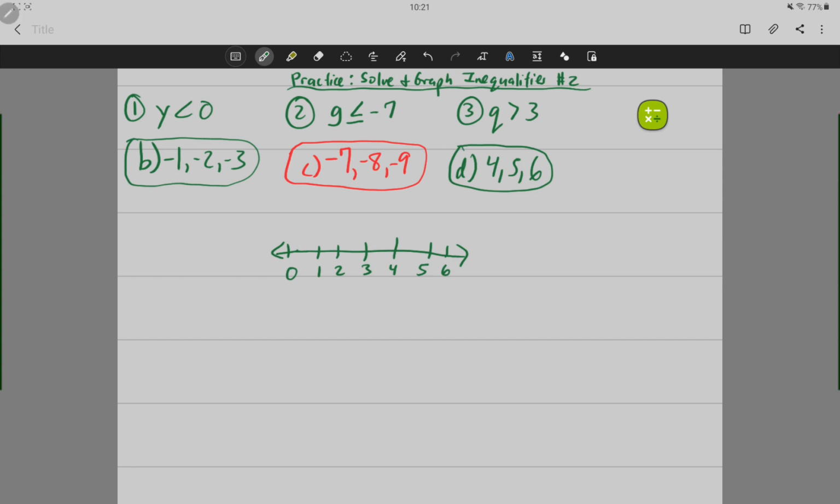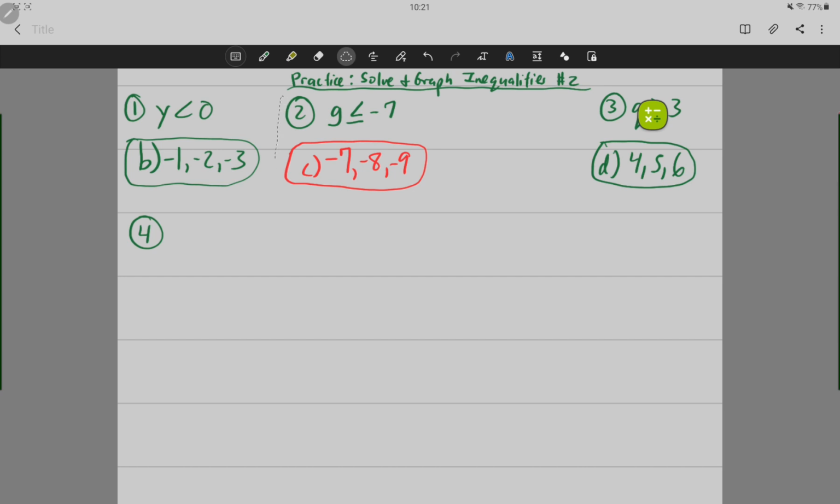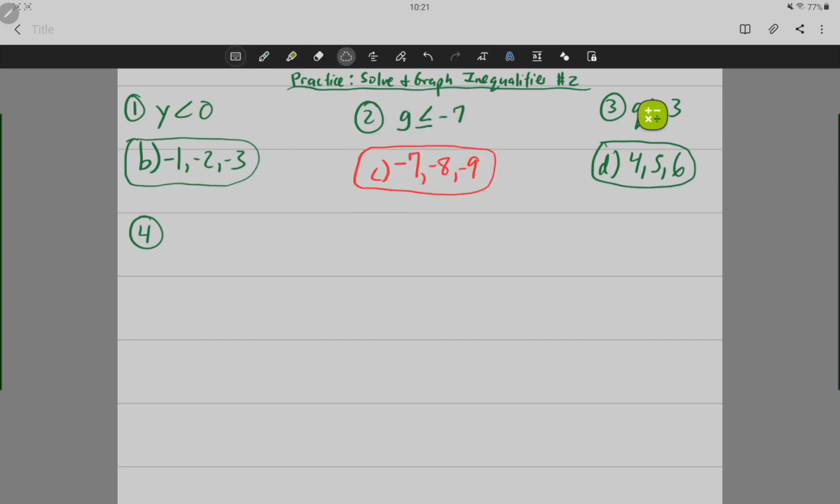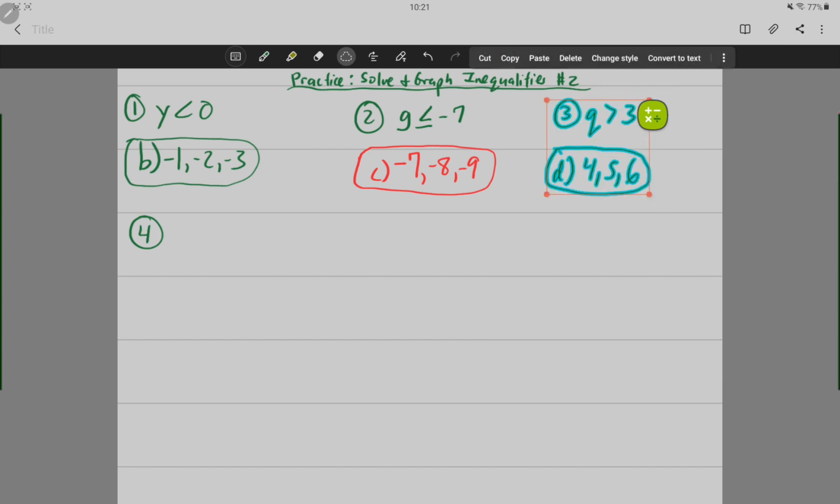And now we'll get to number 4. We'll just erase this. Now, this we can slide over, and this we can also slide over. All right, so number 4, we have to solve this inequality.